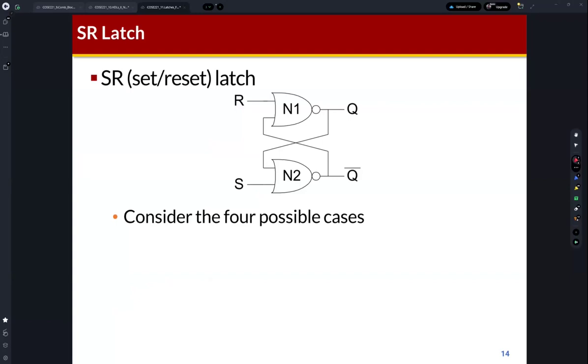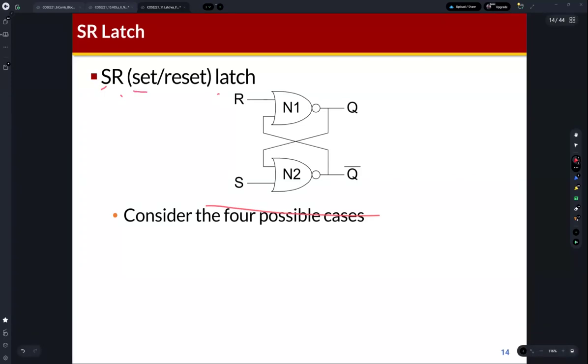And this circuit is called the SR latch. You can find the set and reset latch. Set means it makes output one.